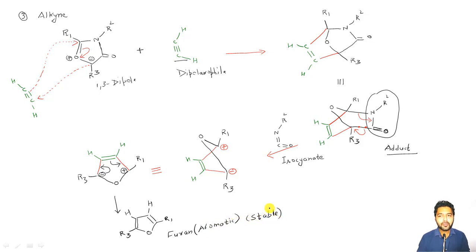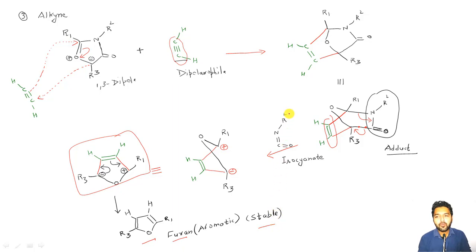Okay, so why is this all happening? Because of the presence of a triple bond here that gets converted into a double bond, and this type of shuffling becomes possible, resulting in the formation of an aromatic type of furan molecule, which is highly stable.